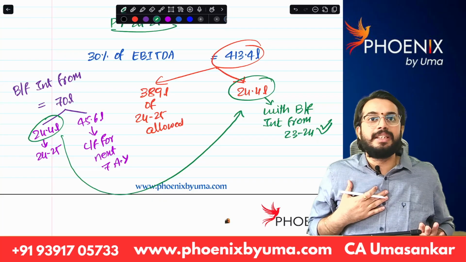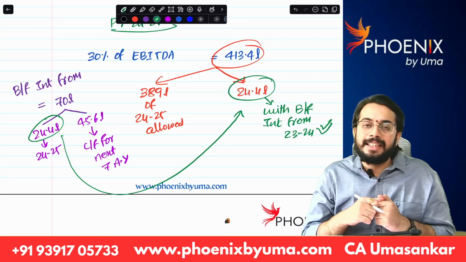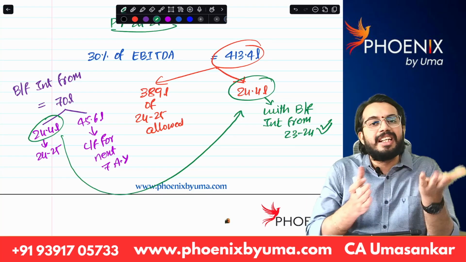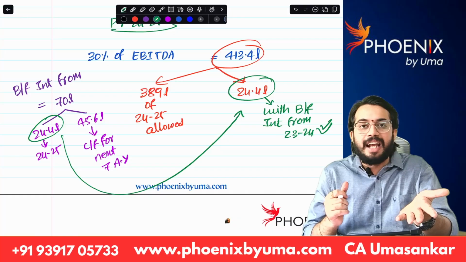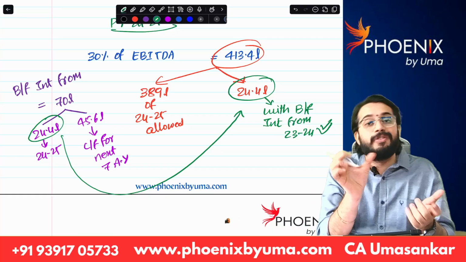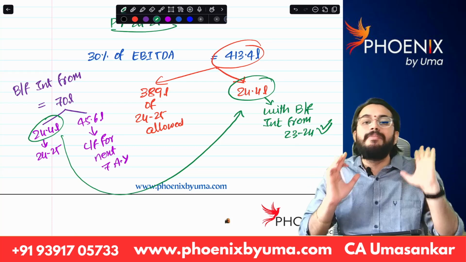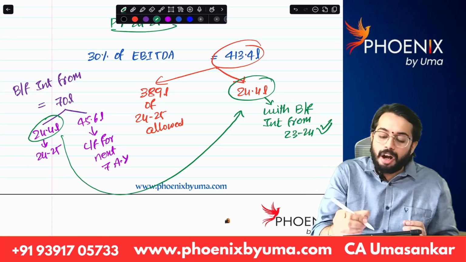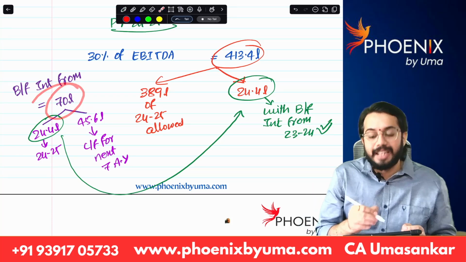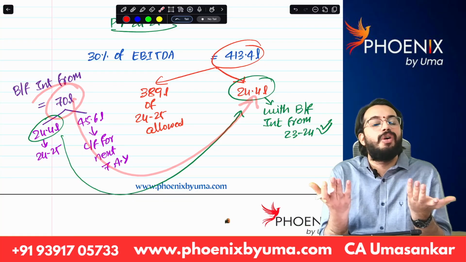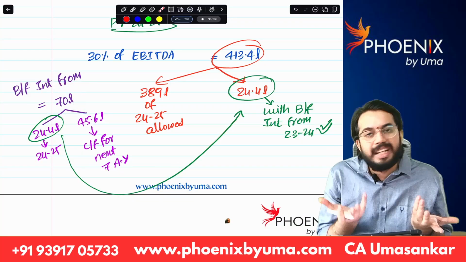See, this year how much is limit? 413.4 lakhs is limit. But how much is actual interest in current year? Only 389 lakhs. Within balance limit of 24.4 lakhs, you can set off brought forward interest from 23-24. So, brought forward interest is 70 lakhs. Can you set off 70 lakhs? No. Only 24.4 lakhs limit is available.